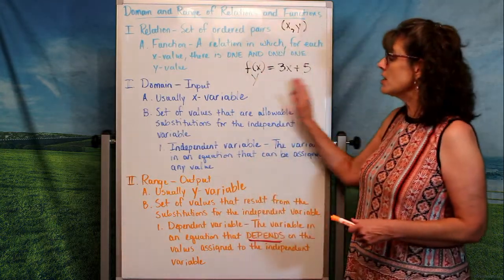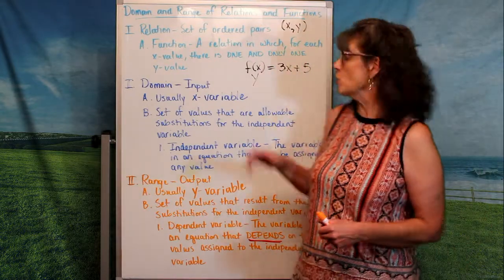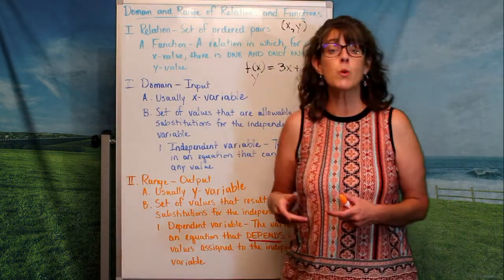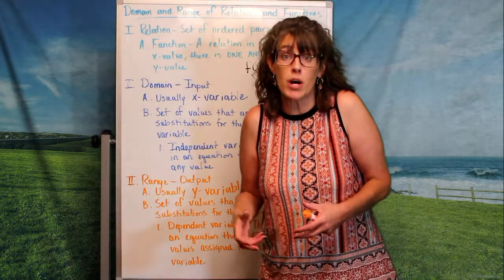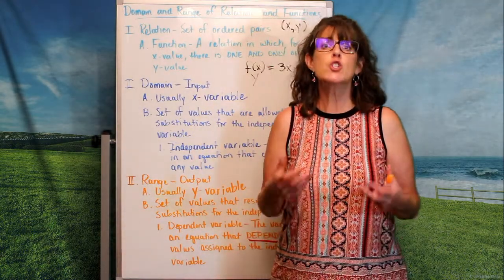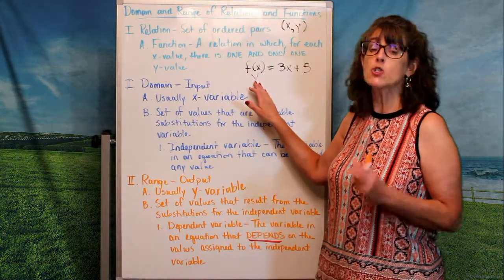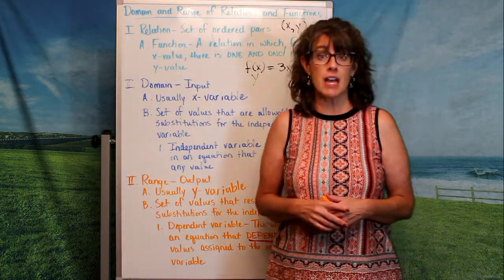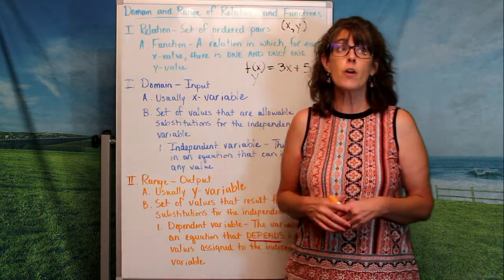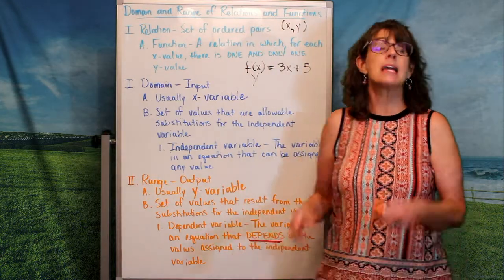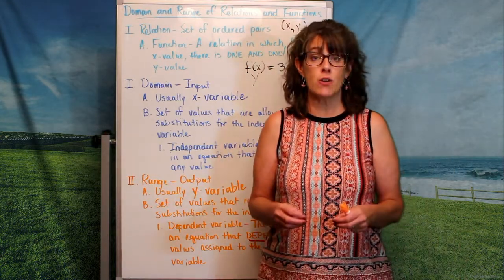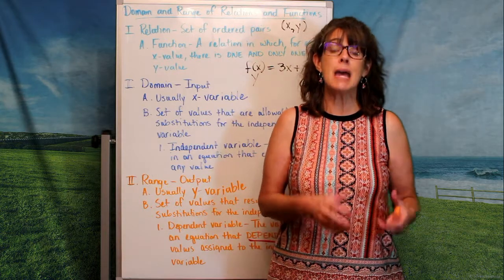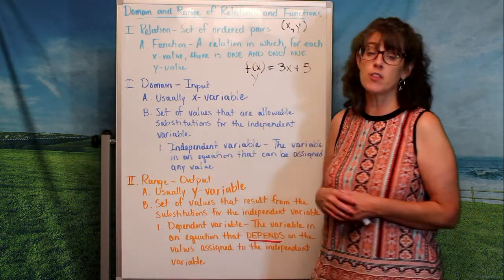So as you look at this, which one of those two, the y or the x, which one's going to depend on the other one? Certainly, the y is going to depend on whatever I plugged in for that x. So therefore, the y is going to be my dependent variable. The y depends on what I plugged in for the x.